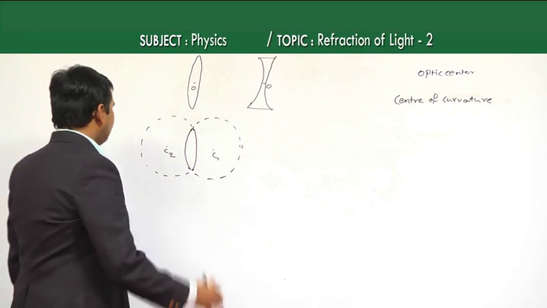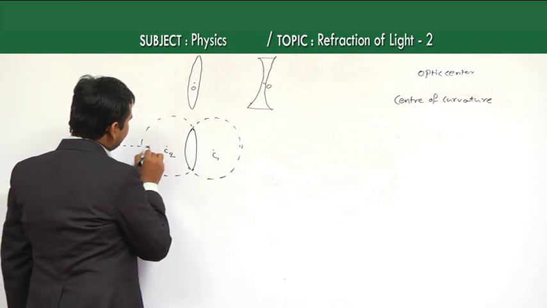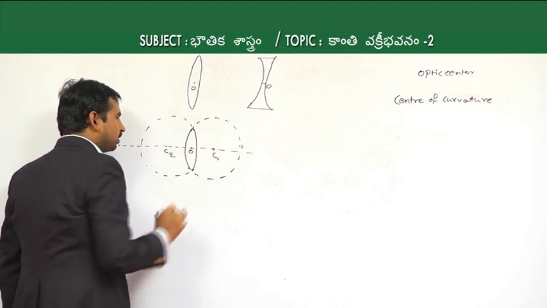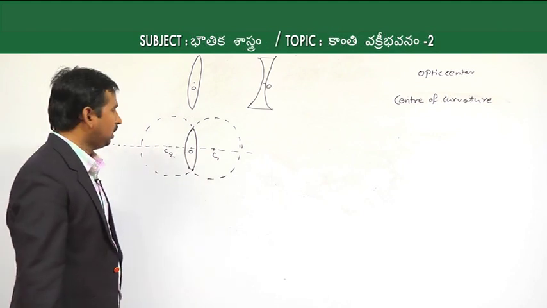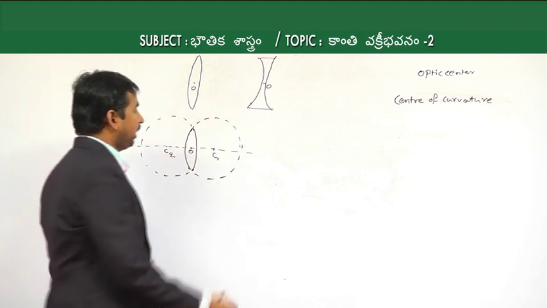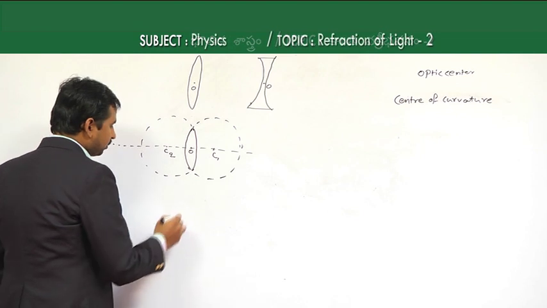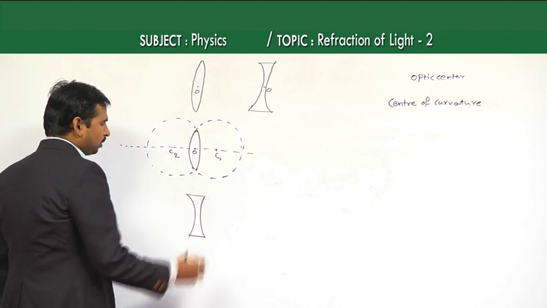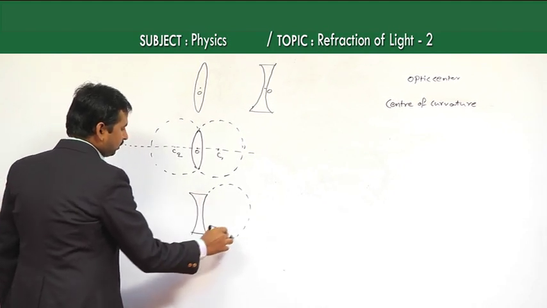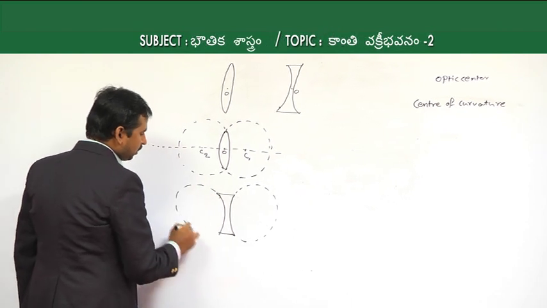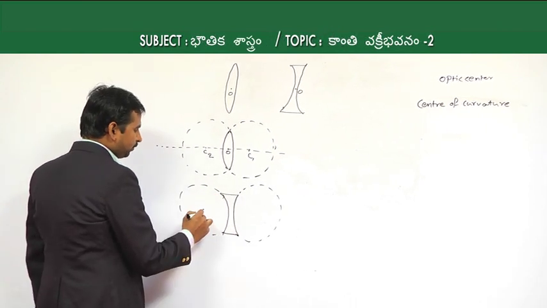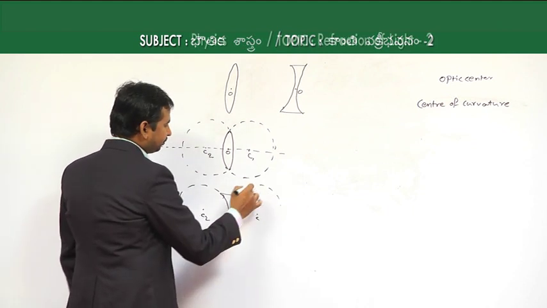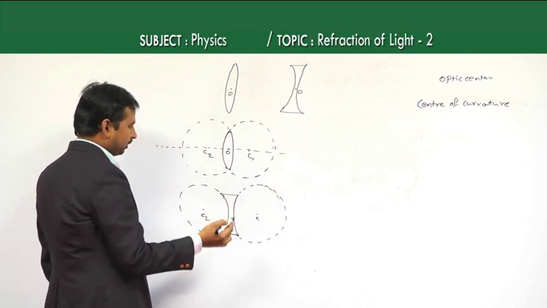Now, next one, an imaginary line which passes through the centers of curvature C1 and C2, and also passes through the optic center. This is for convex. The same way, you can take the case of concave also. If this is a double concave, and this curved surface is taken from a sphere, and this curved surface also is taken from a sphere, the centers are C2 and C1, like this.